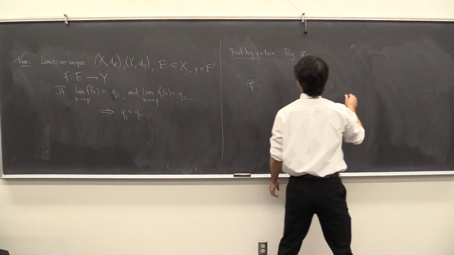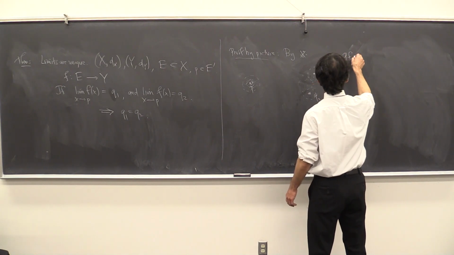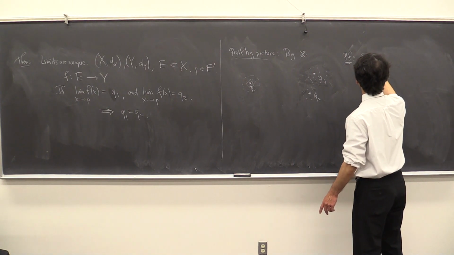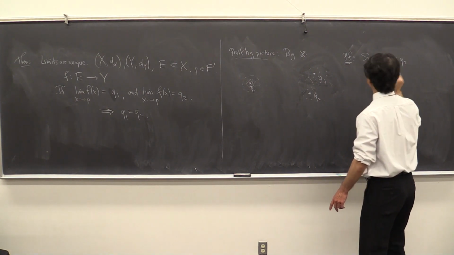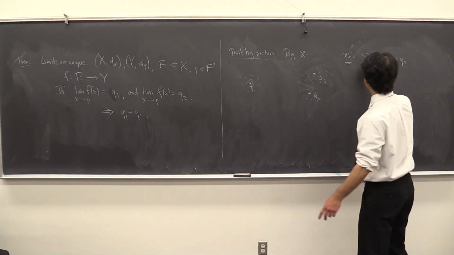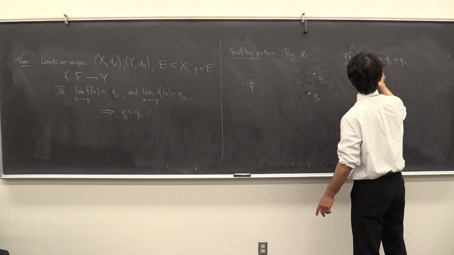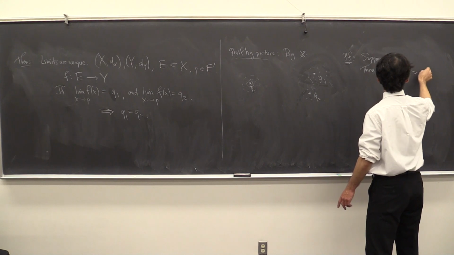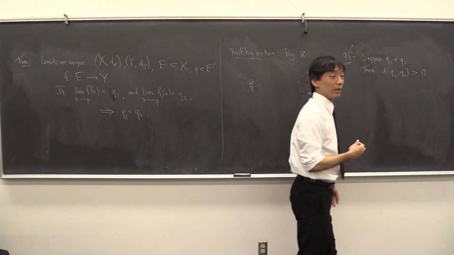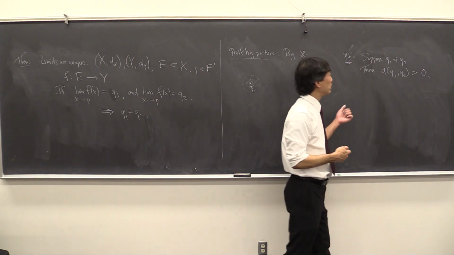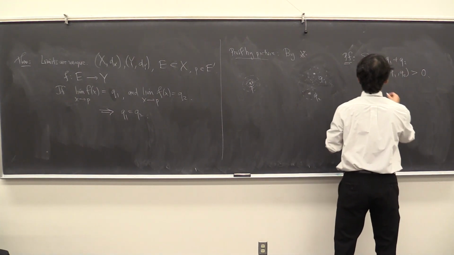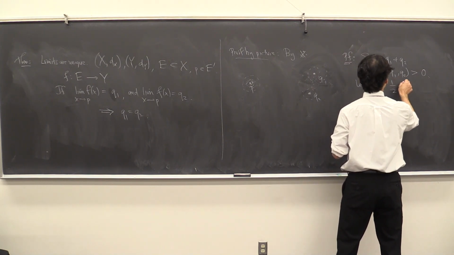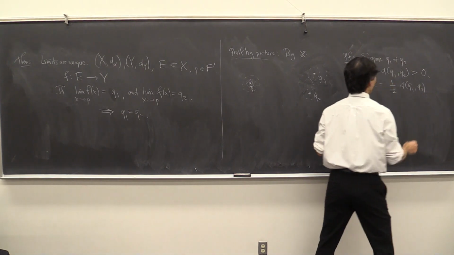So the written proof is: let's suppose Q1 and Q2 are different. Then of course the distance between Q1 and Q2 is bigger than 0. That's a property of the metric: whenever you have two points, they have positive distance. So let epsilon be a half of the distance.